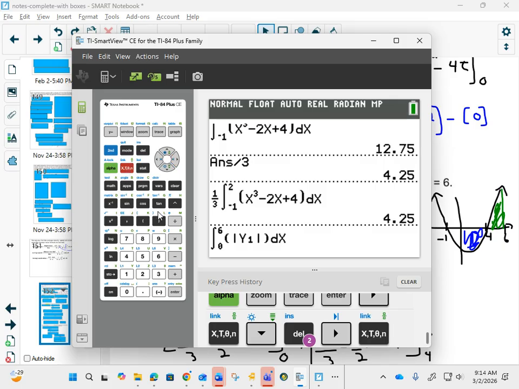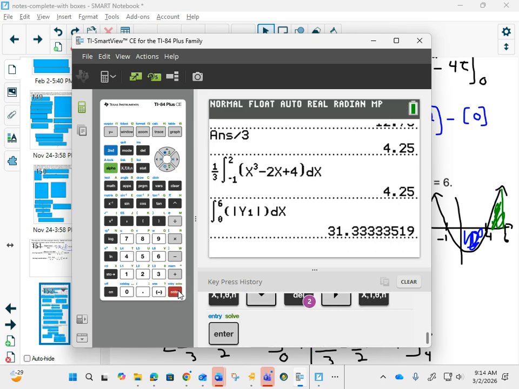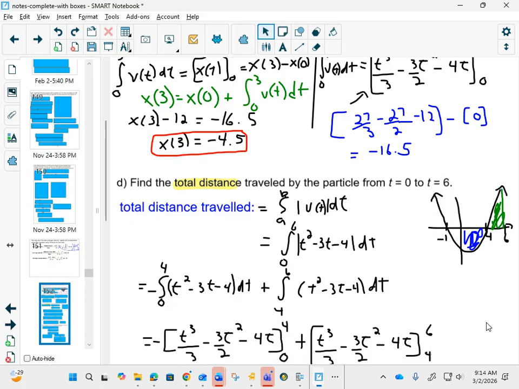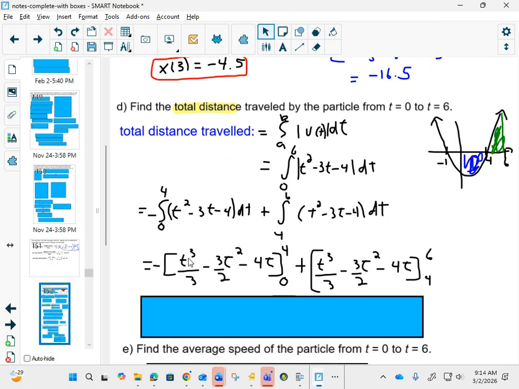And we're still doing the derivative with respect to x, because y1 was an equation with x. We push enter here. And we get 31.333 as our total distance.